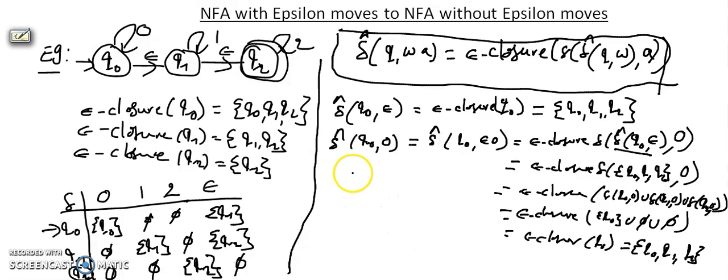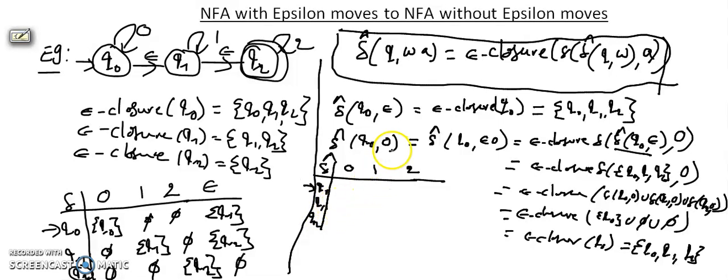So finally the state table for all these combinations. This is delta cap, without epsilon moves, with 0, 1, 2, and the states Q naught initial state, Q1, next Q2.